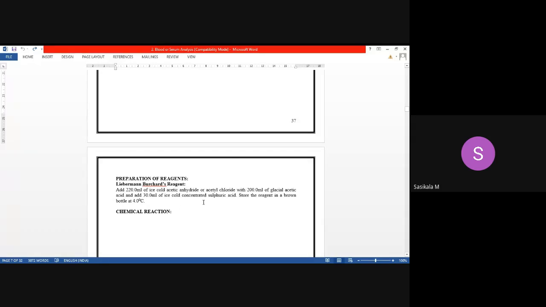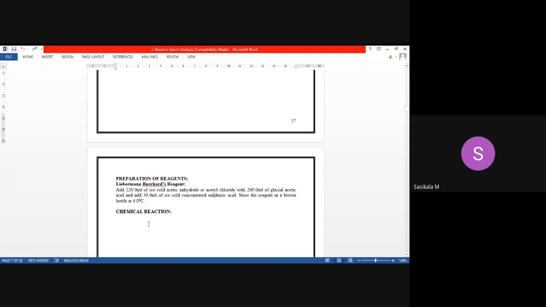So 220 ml of acetyl chloride with 200 ml of glacial acetic acid is taken, and to that we need to add 30 ml of ice cold concentrated sulfuric acid, and it must be stored in a brown bottle, amber colored bottle, at 4 degrees Celsius. So in freezing condition, it must be stored for further use.